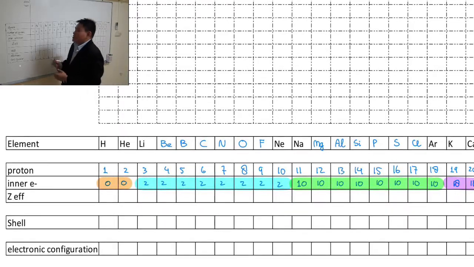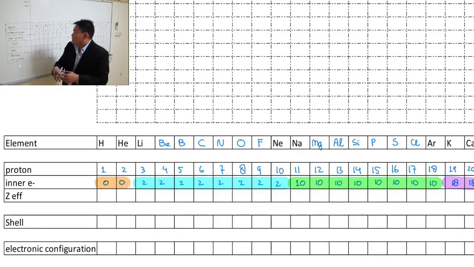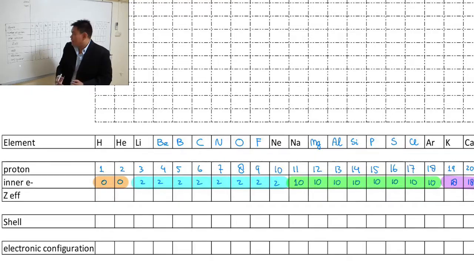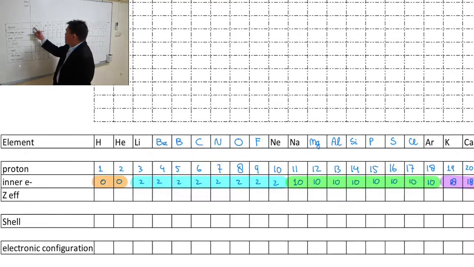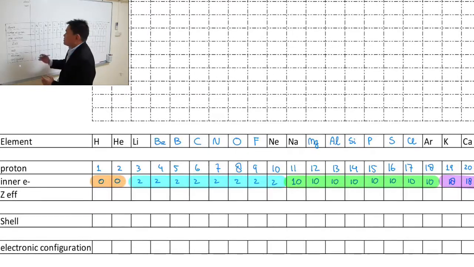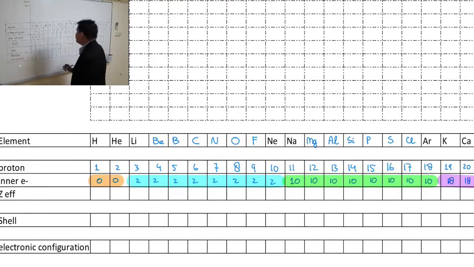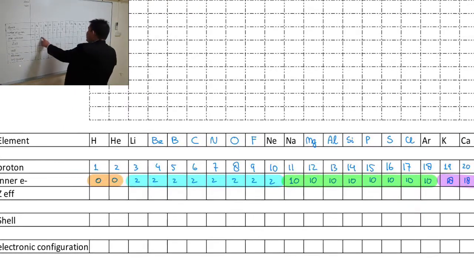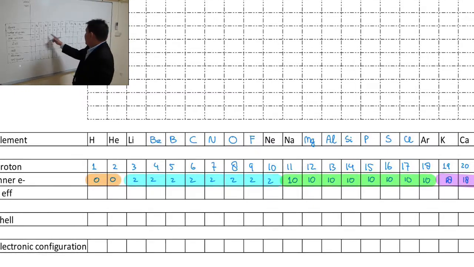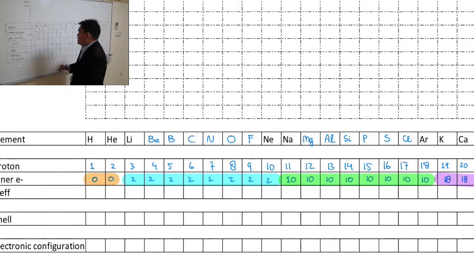The inner electron is the number of electrons that you have besides the valence electron. Hydrogen and helium are on the first shell, so you have only one shell and there is no inner electron. So I have 0 here. From lithium all the way until neon, all of them are second period, so you have 2 shells.